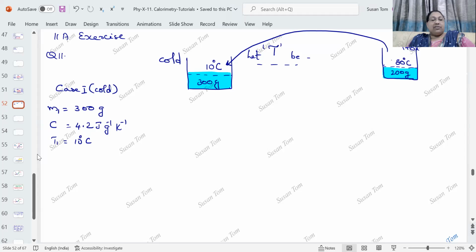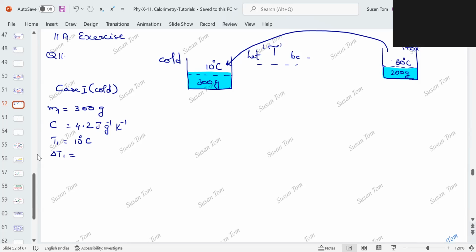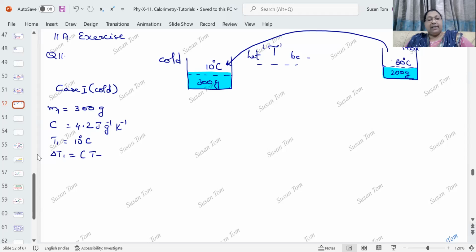So the final temperature is T. Therefore, delta T1 is equal to difference in temperature of cold water. Which is bigger, capital T or 10? Capital T. So the expression will be capital T minus 10. This is the way you will be writing this much degrees Celsius.